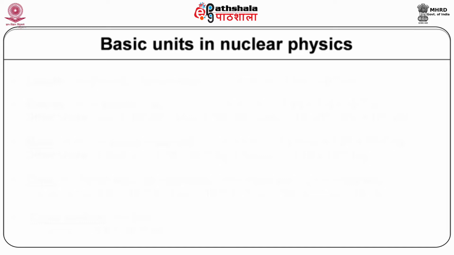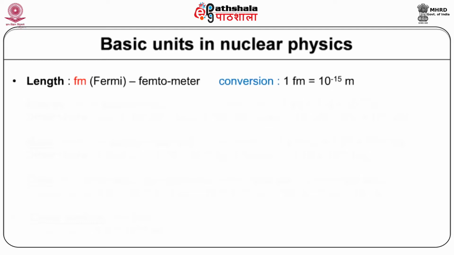Since we need to measure various properties of nuclei, in order to define those properties in terms of some sensible numbers, we basically use some set of basic units. For example, nuclear lengths are basically defined in terms of Fermi or femtometer, because the size of the nucleus is of the order of femtometer.